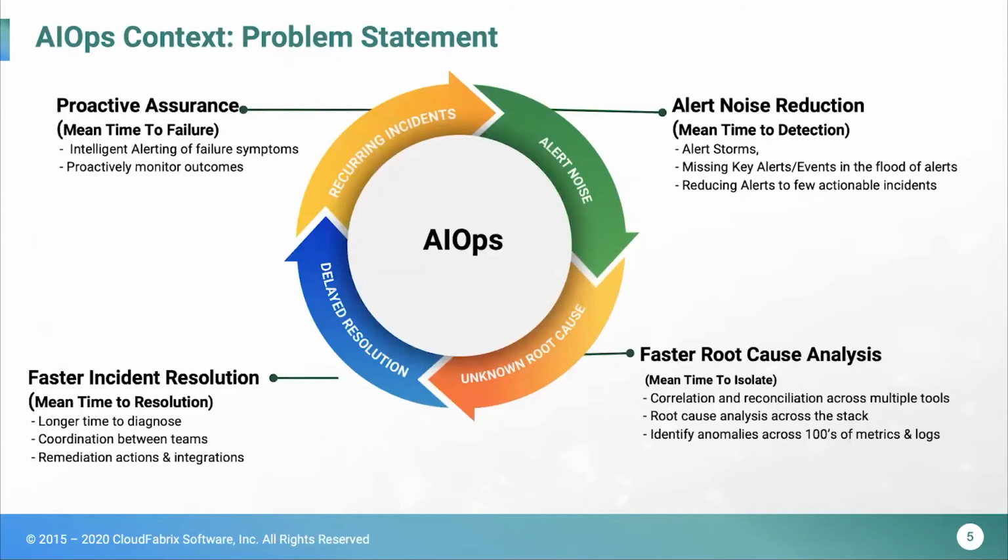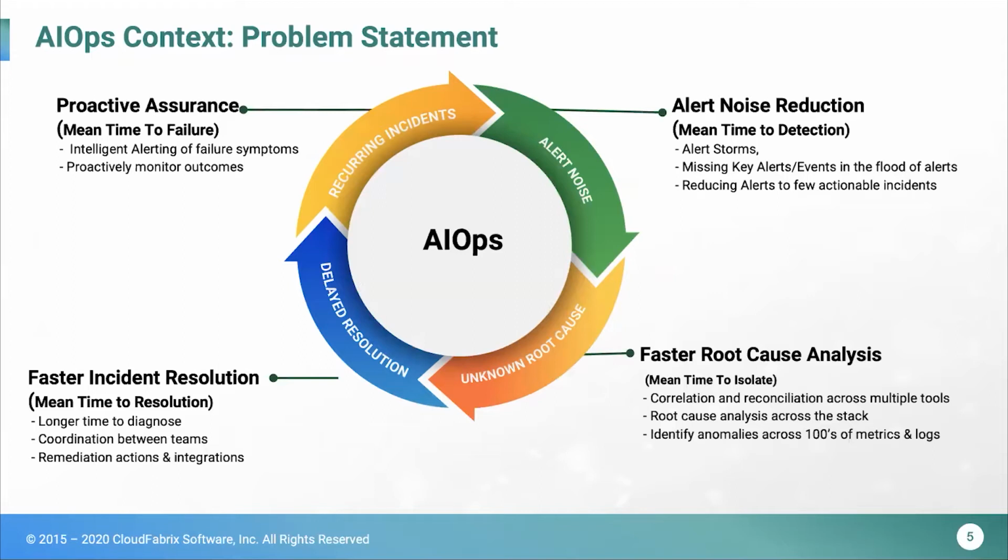Our approach to this problem is not unique, but we have a few differentiators. The first one is to be able to get to the sources of data and do the alert noise reduction. From the flood of information coming in from various data lakes where these alerts are stored, we correlate them, reduce them, and provide clustering of this information.